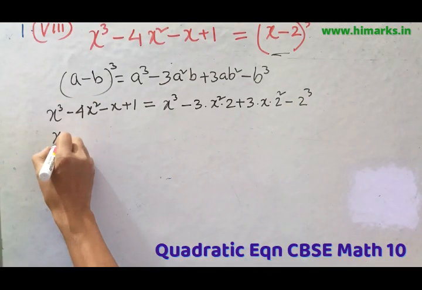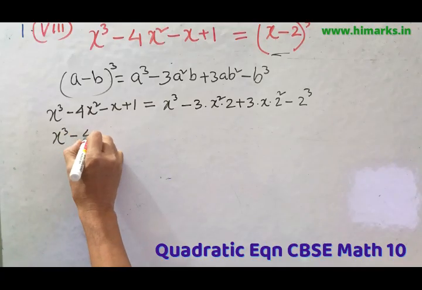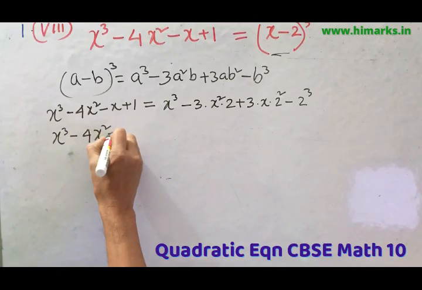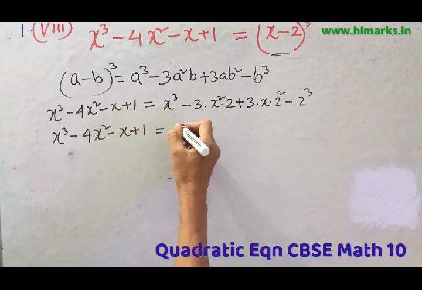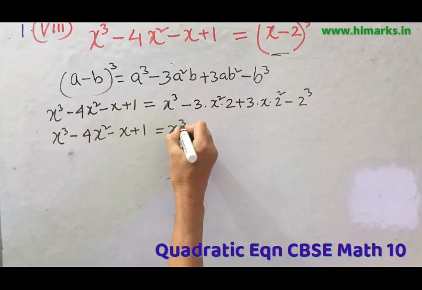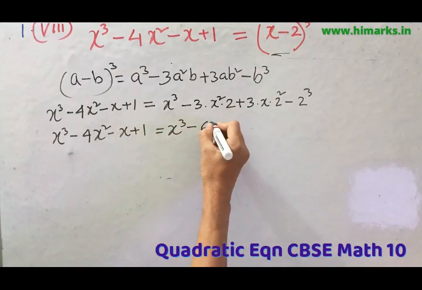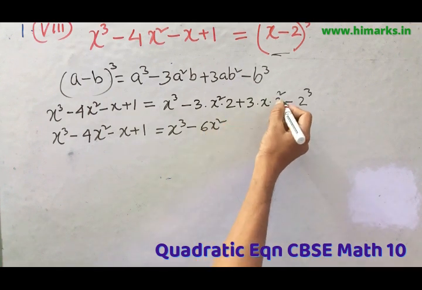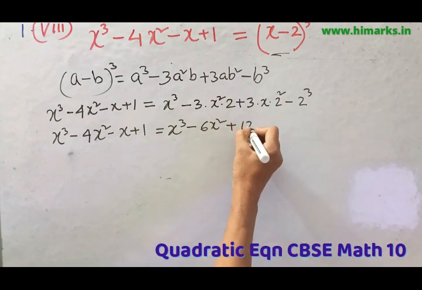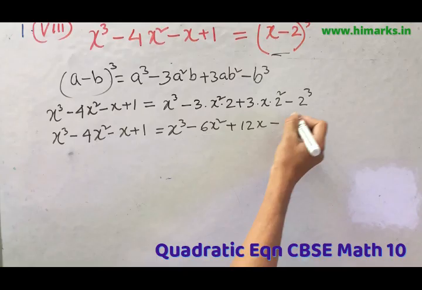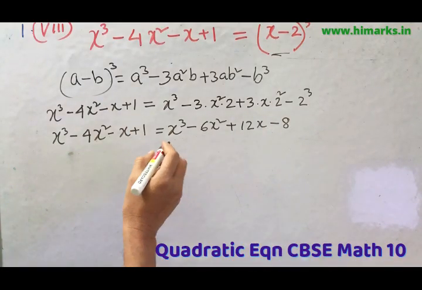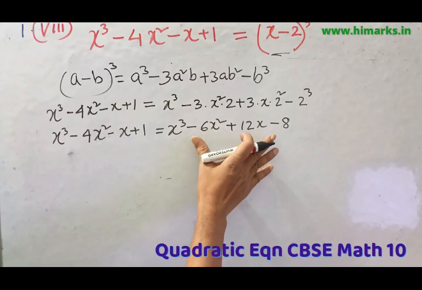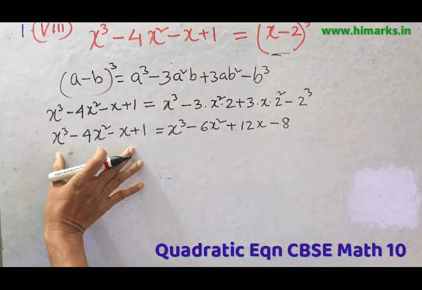Okay, so again left side I will not do anything, right side let us simplify. X cube minus 6x square 4 plus 12x minus 8. Okay, so now we'll bring all the terms to the left side.